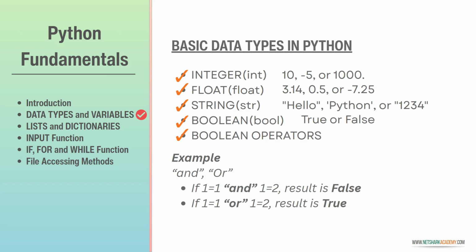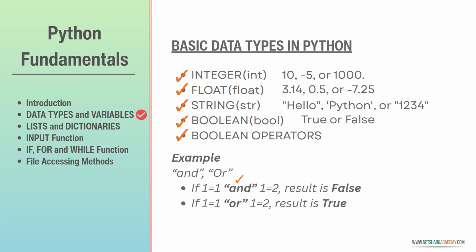Boolean operators. Boolean operators help us perform logical comparisons. Let's take one small example to understand. We have two operators, and and or, to use in evaluation. First, if 1 equal to 1 and 1 equal to 2, the result will be false. When using AND as an operator, both parts of the condition must be true.